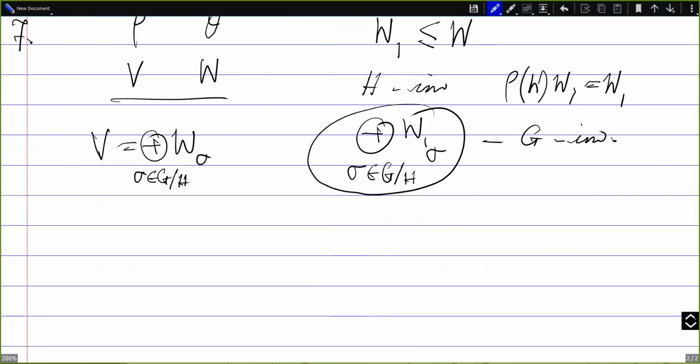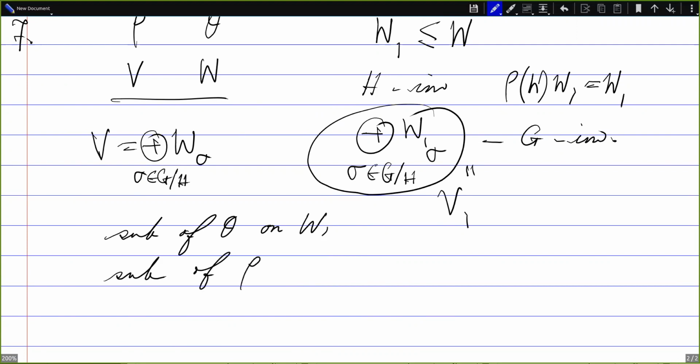So therefore it is a subspace of V, and now it is easy to see that the subrepresentation of theta on W1 induces a subrepresentation of rho on this V1.